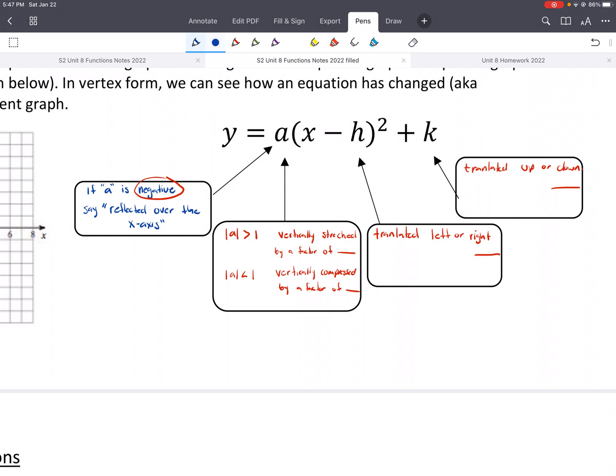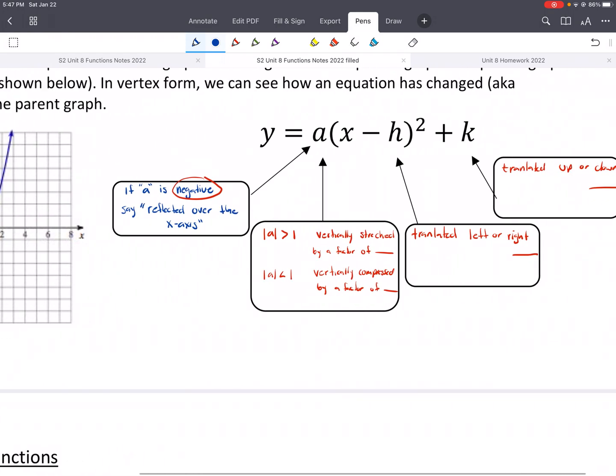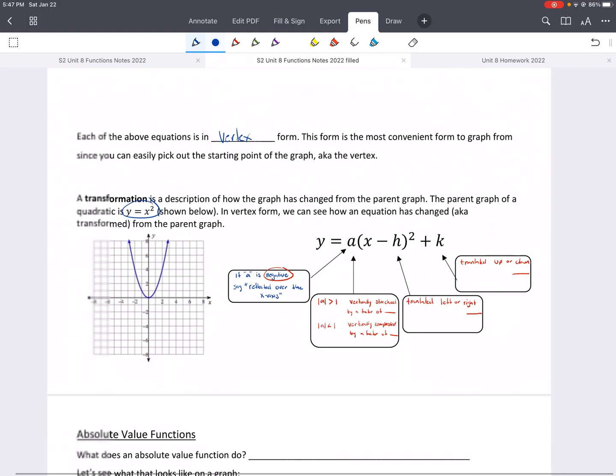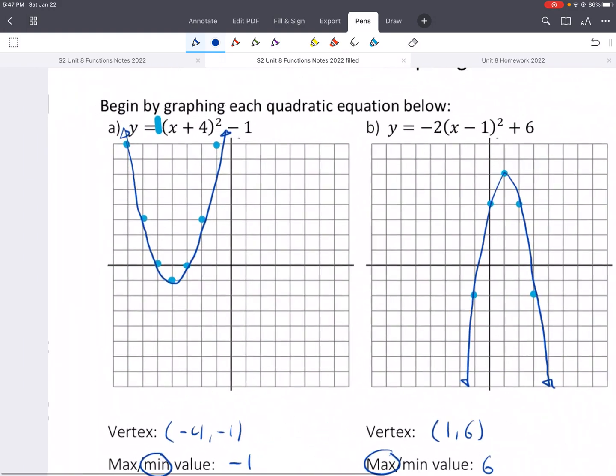And then we're going to talk about H and K. So H and K, if we look at our graph, basically tells us where the vertex is. That's what we used that for in the past. But when we say H and K, H basically puts that vertex left or right, okay? And the K makes it go up and down, all right? So if we look at this graph at the top, let's just compare this.